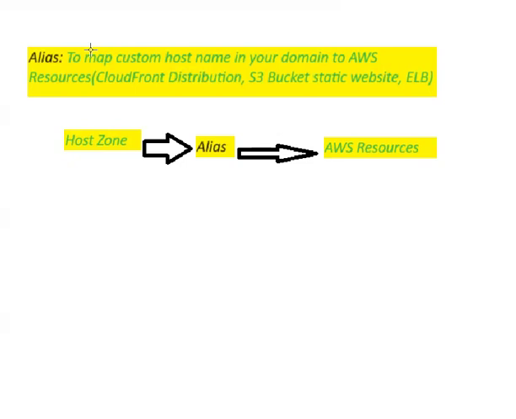You can also use the Alias record for an Apex record. So what is this Apex record? Apex records are the top nodes of your DNS namespace. Everyone expects to put their domain names under the top node of the DNS namespace in order to host their websites, and they use the Apex record.